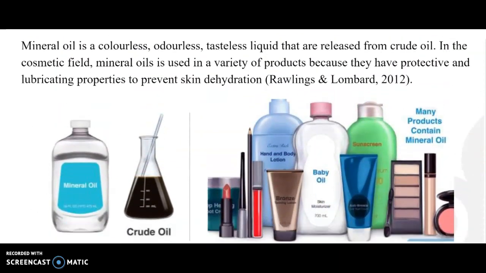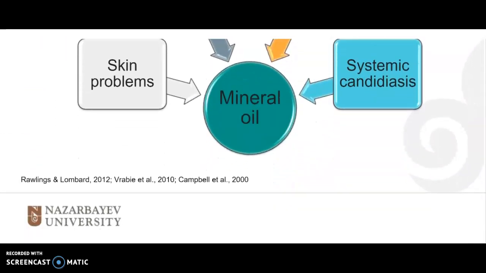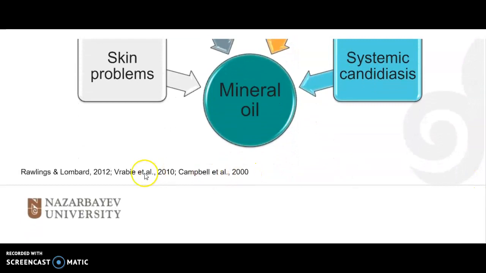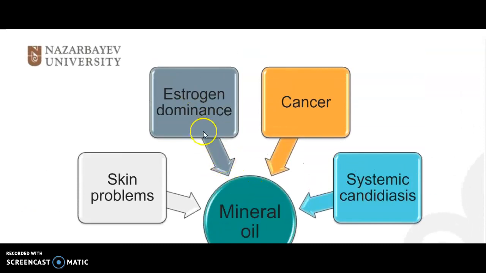As a researcher in this area, I was able to look at several sources, and in particular, Rawlings and Lombard 2012 really opened my eyes to the idea that mineral oil might lead to blah, blah, blah. Up until this point, I had neglected this idea.